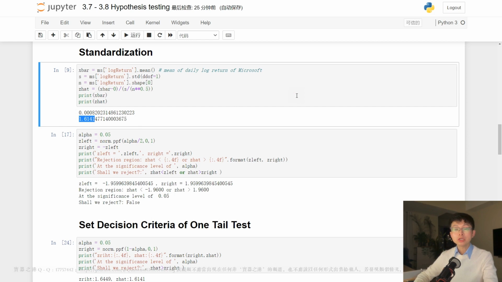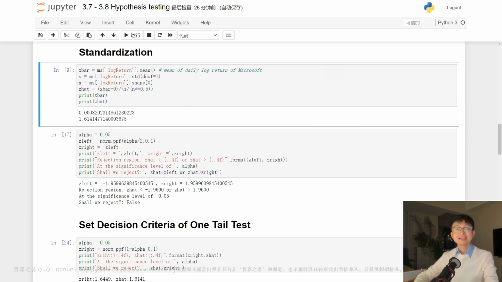We use mu equals 0 because we assume the null is correct. At the beginning, if z hat significantly differs from 0, we can conclude that this sample is not drawn from the population with a mean of 0. Consequently, we can reject the null.